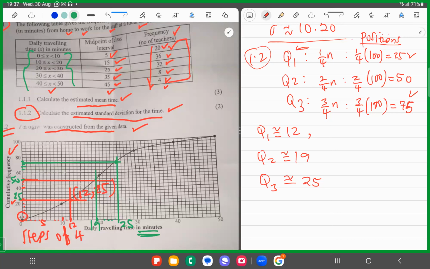I must indicate that there are formulas sometimes that can be used to do these calculations, and slightly more accurate values can be found.